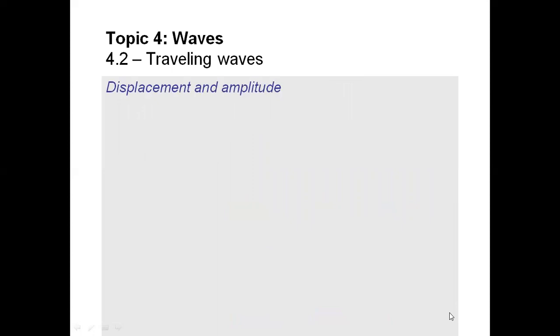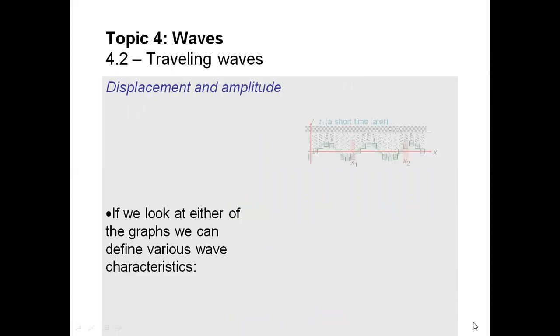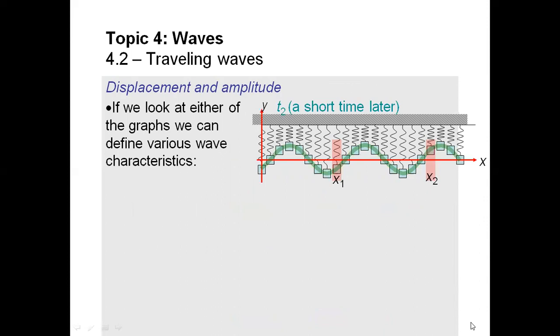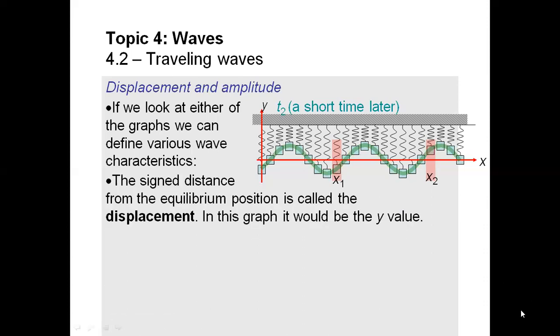Now we will see some definitions: displacement and amplitude. If we look at either of the graphs, we can define the various wave characteristics. So let's define them. The signed distance from the equilibrium position is called the displacement. In this graph, it would be the y value.